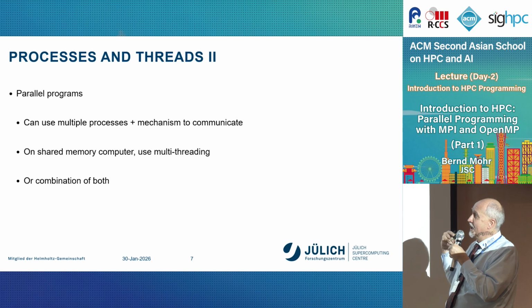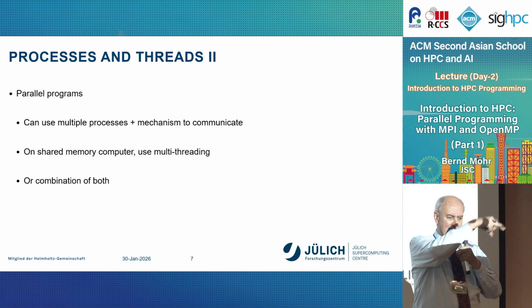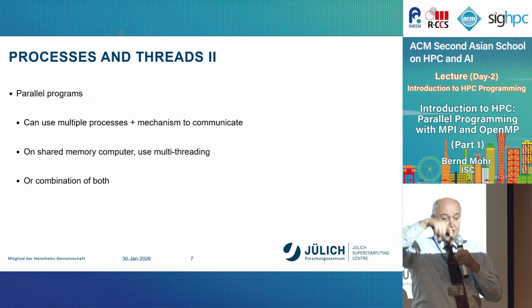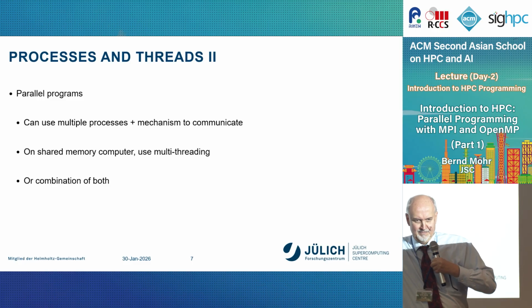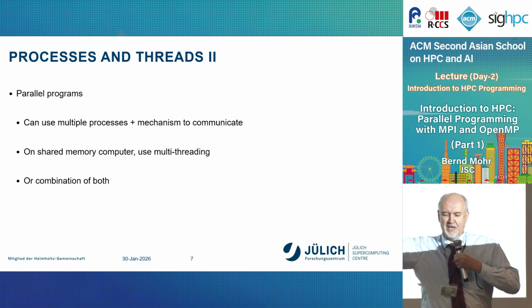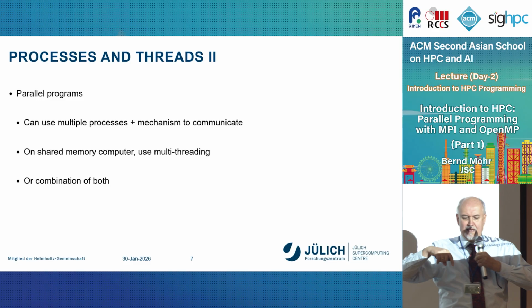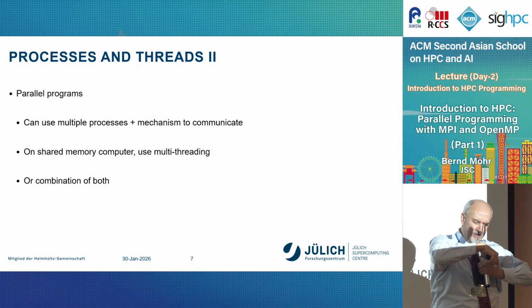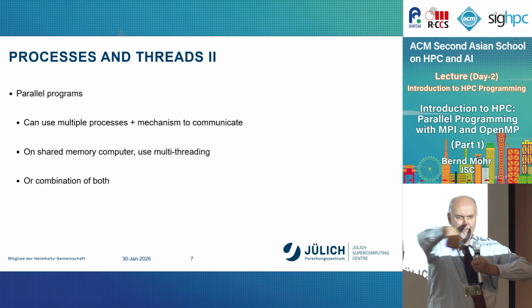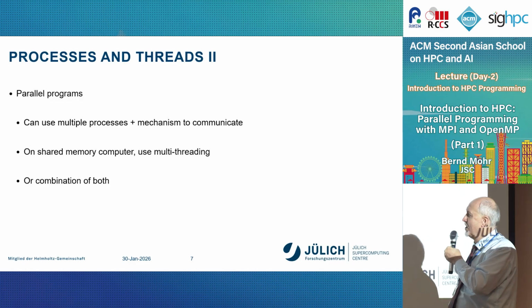So in a parallel program, I can use these normal sequential processes with one thread on every processor, and then because they don't share data, I need messages to communicate between the different processes.